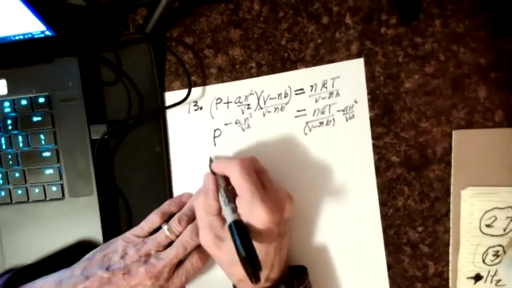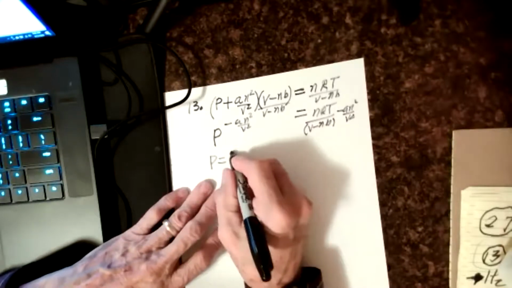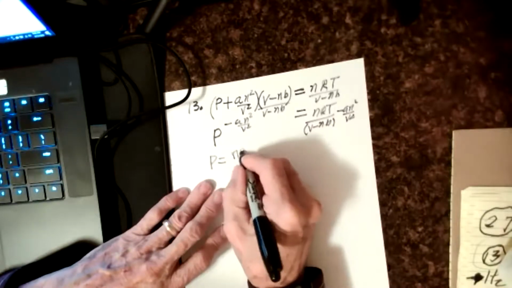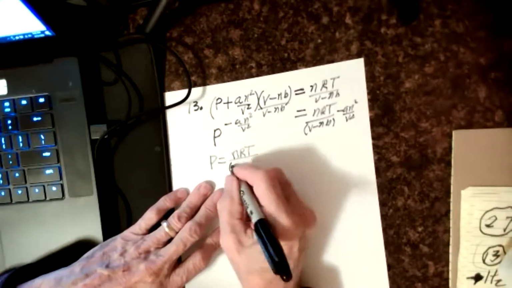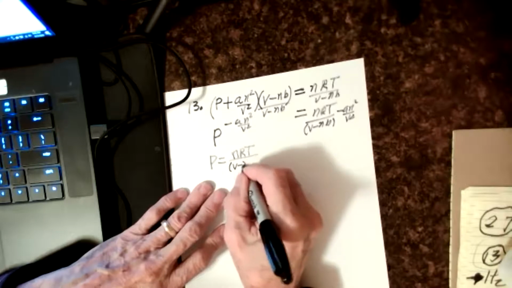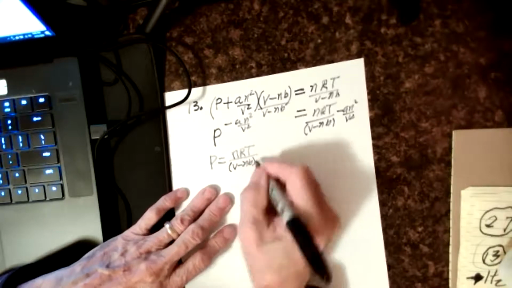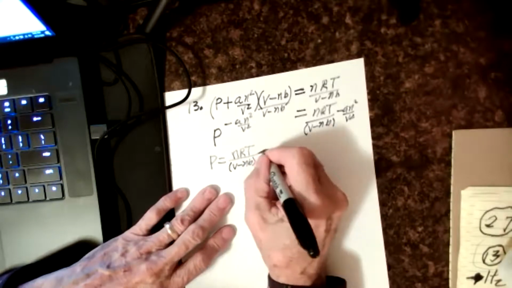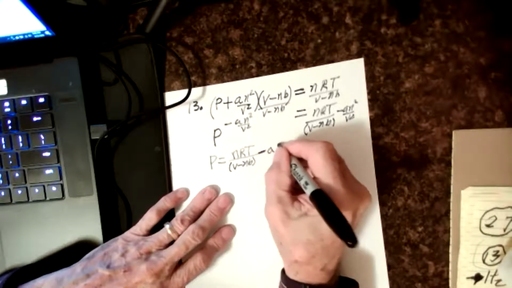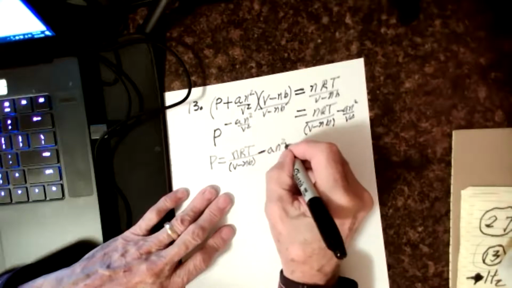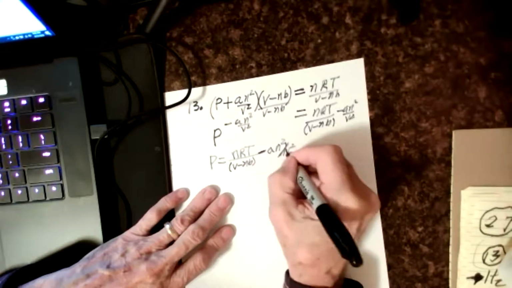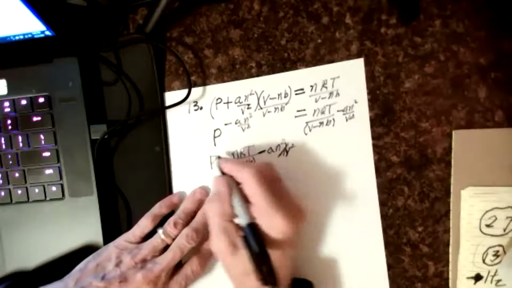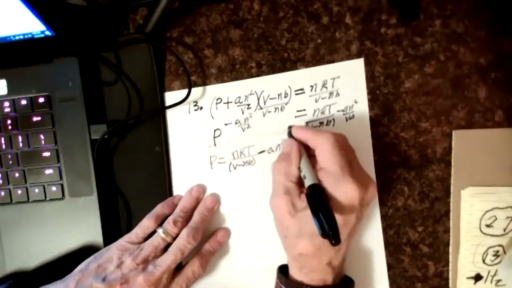So P is equal to N RT divided by the quantity V minus NB, minus A n squared divided by V squared. Okay, there is what we're going to have to solve.